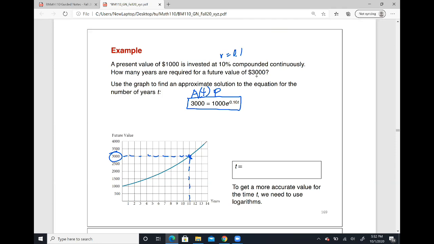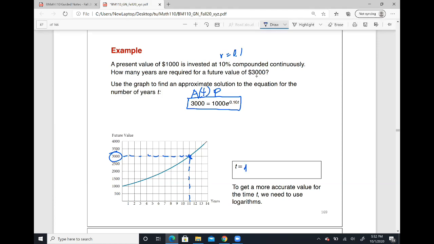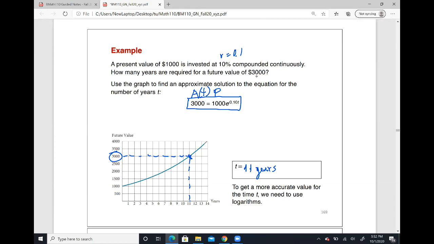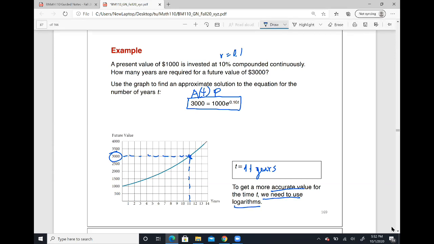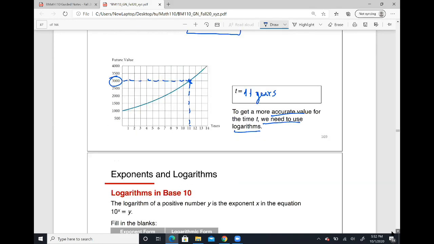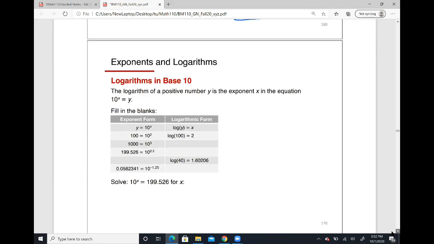The t value here is exactly 11, so I would say that is 11 years. And again, to get a more accurate value for the time, we need to use logarithms. In the next page we're going to start working on that.